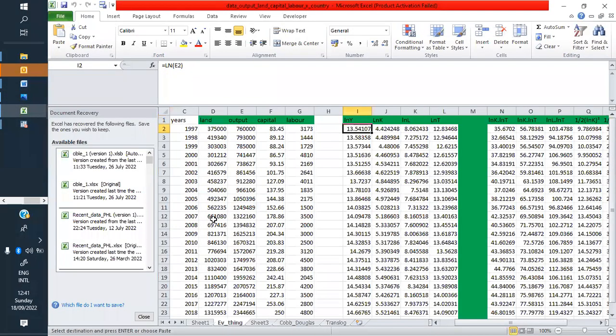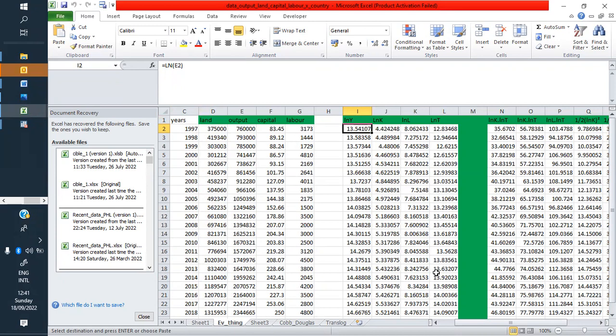Here, for example, the data was collected from a single farm, and the data is collected over time, from 1997 up to here. What we get from the farm, we need to linearize.